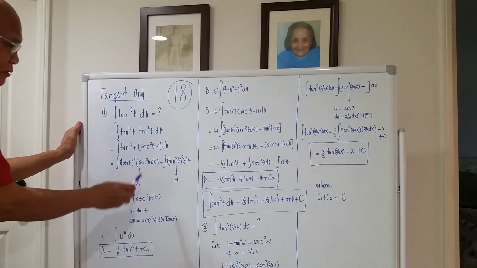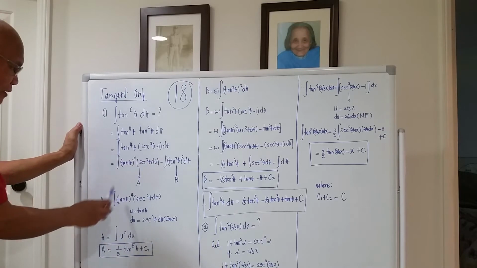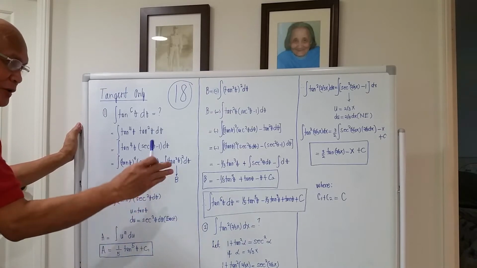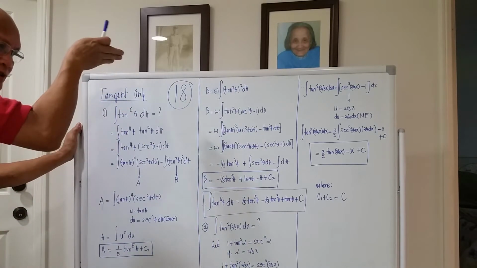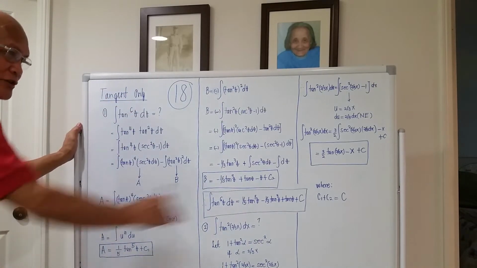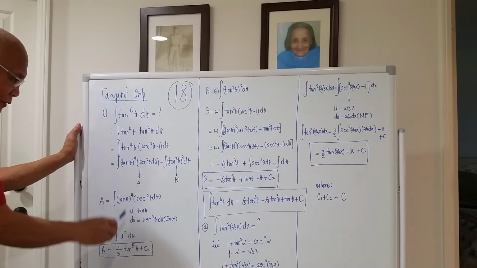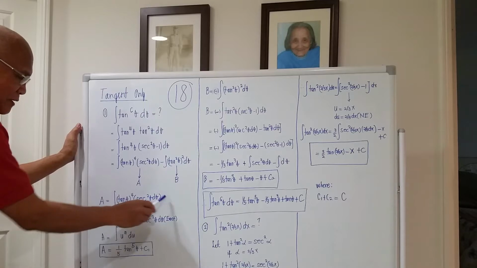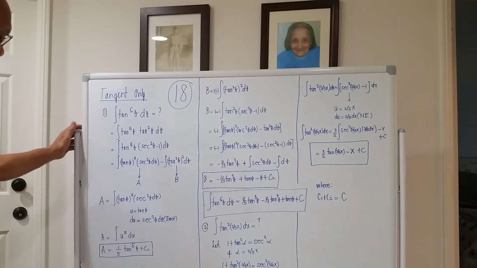Let's compute the value of A. A is equal to the integral of tangent of theta to the 4th, secant square of theta, differential theta. We will solve for A separately, and we will maximize our space vertically, not horizontally. This is integrable, right?